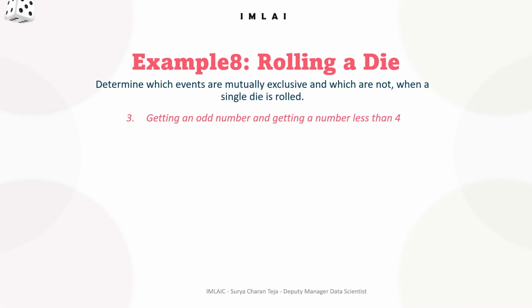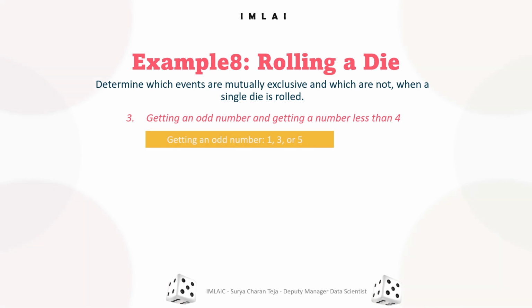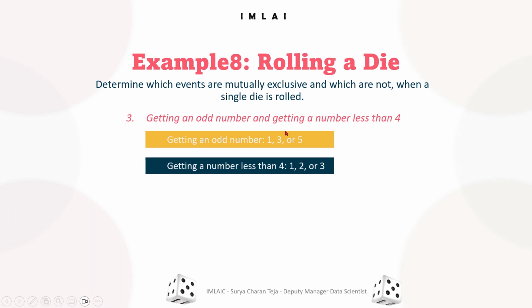Then the third question: getting an odd number and getting a number which is less than 4. Getting an odd number is a compound event which consists of simple events 1, 3 or 5, and getting a number less than 4 is also a compound event which consists of simple events 1, 2 or 3.